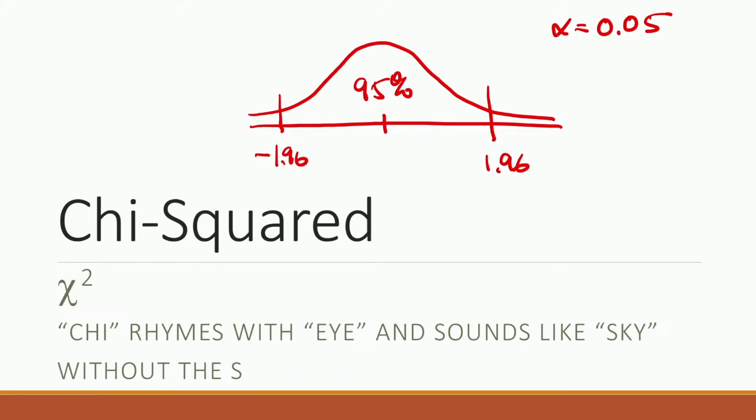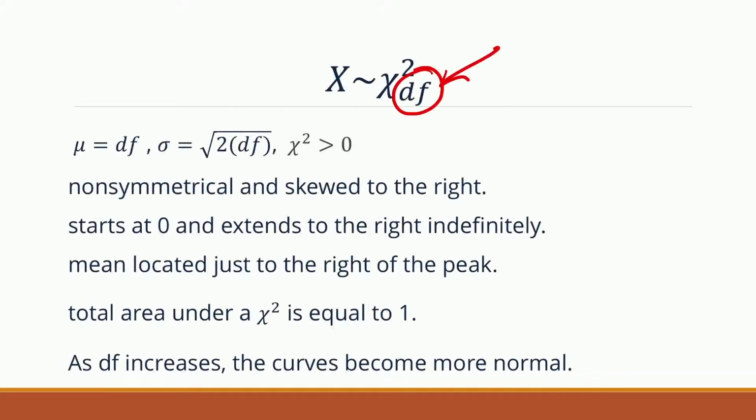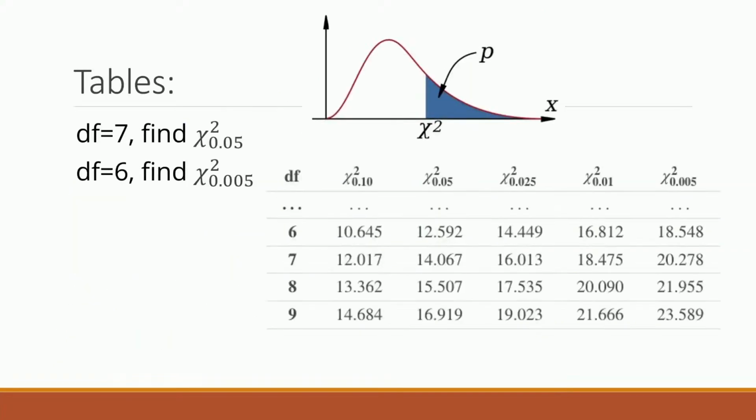So this gives you a cutoff as to where you're going to reject or not reject the null hypothesis. Here you reject the null hypothesis out here if your test statistic is like there, and in here you fail to reject. You're going to have the same sort of thing on this picture.